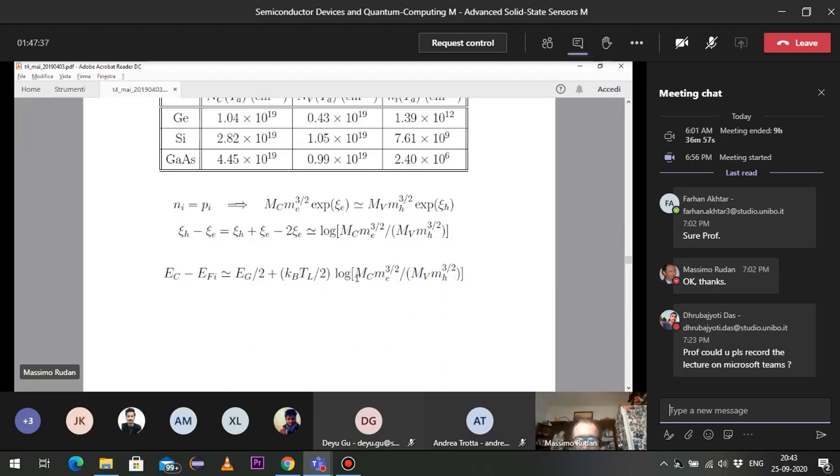These two numbers are different, but not very different. So the ratio is near 1, not exactly 1, but near 1. And the log of a number that is near 1 is very small, near 0. So actually the correction is small. One can neglect that. So in practice, we can say that in these semiconductors, the Fermi level is practically at the mid gap.